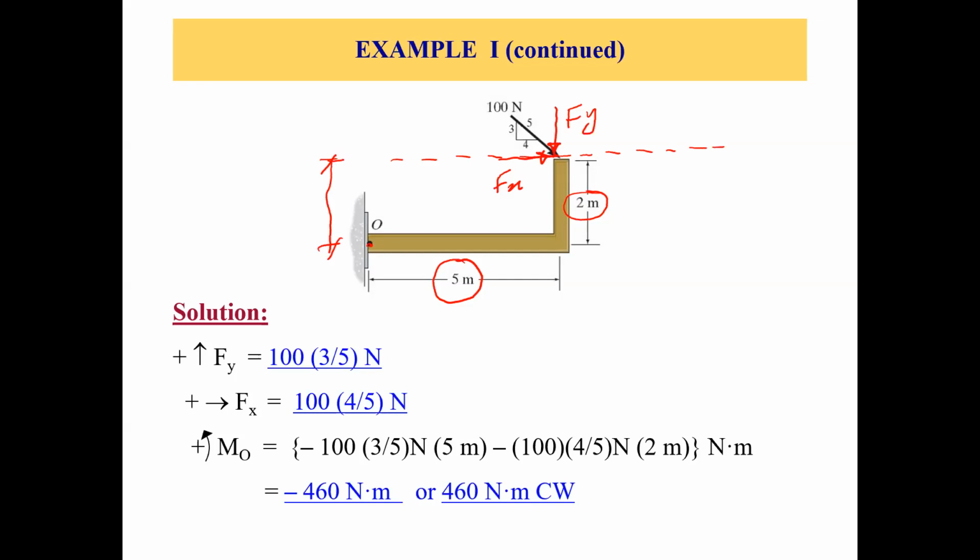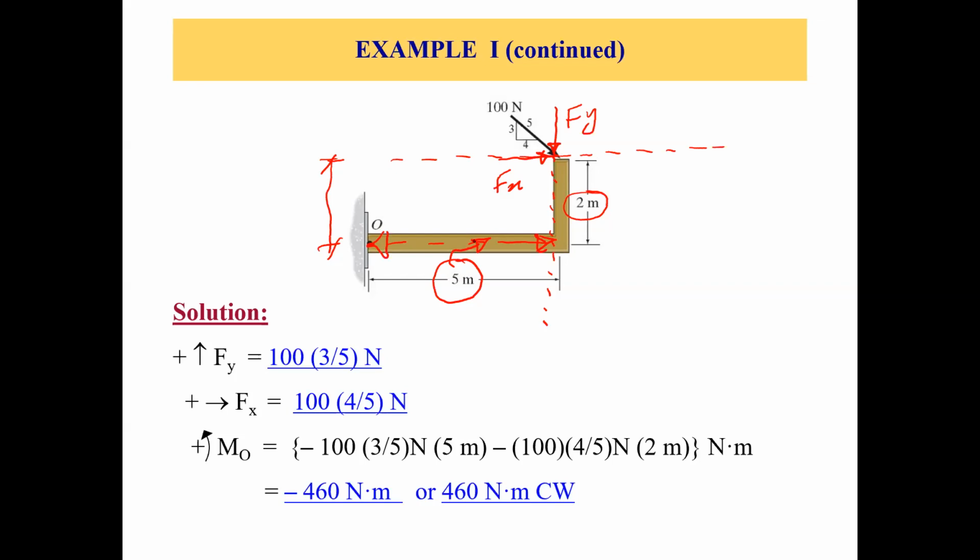Similarly, for Fy, this is the line of action of the force. So what is the perpendicular distance? This is the perpendicular distance for Fy. So 5 meters is already given. So we do have the moment arms for Fx and Fy, so we can just use the formula and find these out.